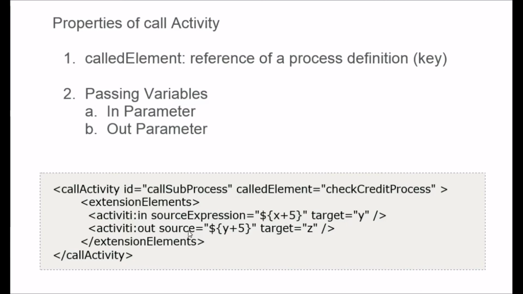For out, the source is a sub-process variable, and the target is a main process variable. So here first consider the value of x as 3. It will calculate 3 plus 5 equals 8 and assign it to y. And y we can use in a sub-process as a variable. Here it will calculate and assign the result to z that we can use in the main process.